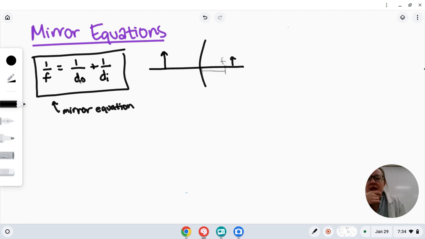The distance to the object, we always measure this distance away from the vertex of the mirror. So it's the distance from the vertex of the mirror to the object. Finally, our distance to the image, DI, is our distance from the vertex of the mirror to the image here.